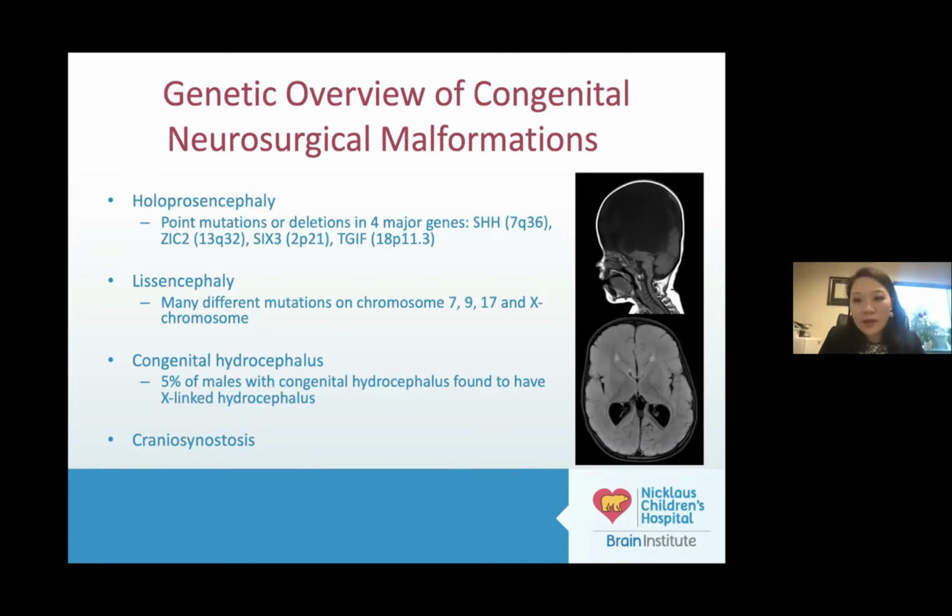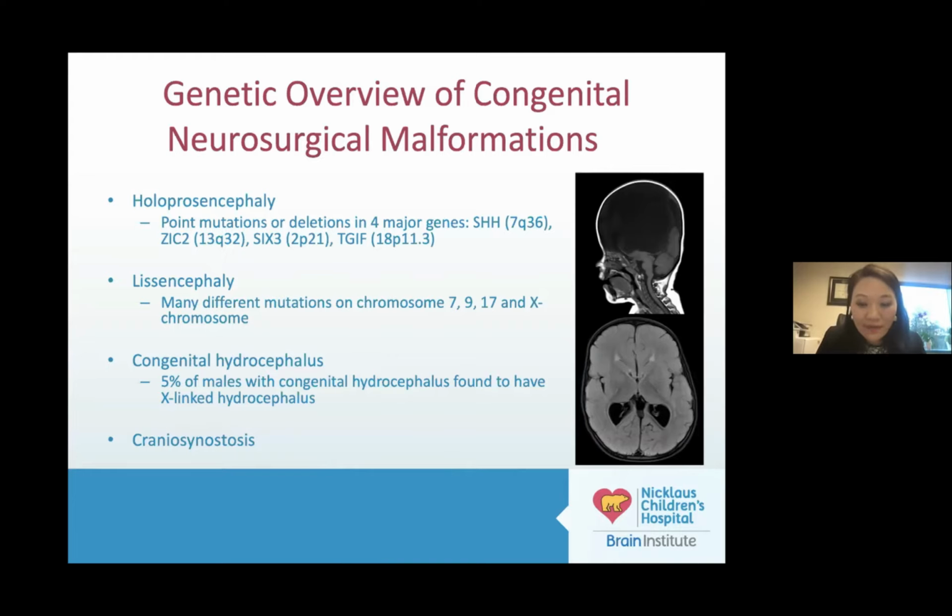Lissencephaly is characterized by a smooth brain caused by defective neuronal migration. It leads to lack of development of gyri and sulci, leading to multiple psychomotor issues, failure to thrive, spasticity, hypotonia, and oftentimes the development of seizures. We have seen many different mutations on chromosomes 7, 9, 17, and also the X chromosome when it comes to linkage to lissencephaly, and specifically isolated lissencephaly has been linked to LIS1.